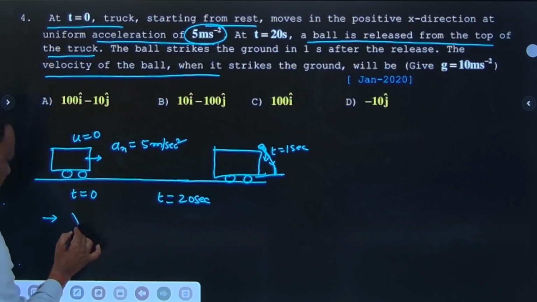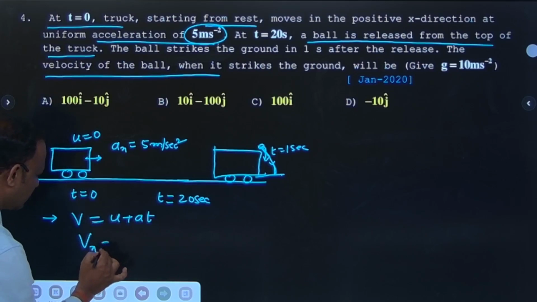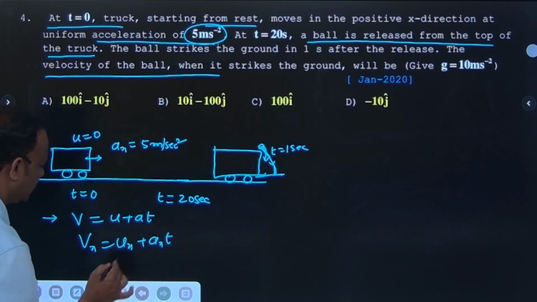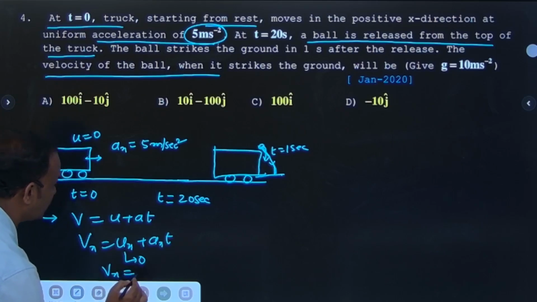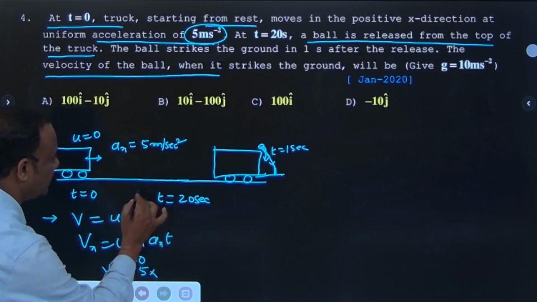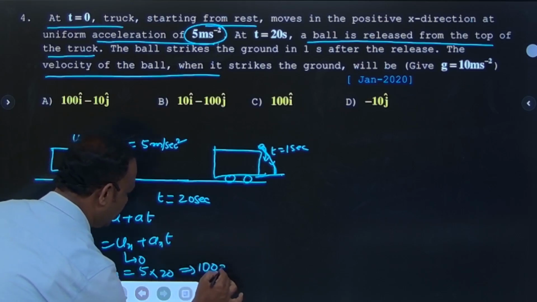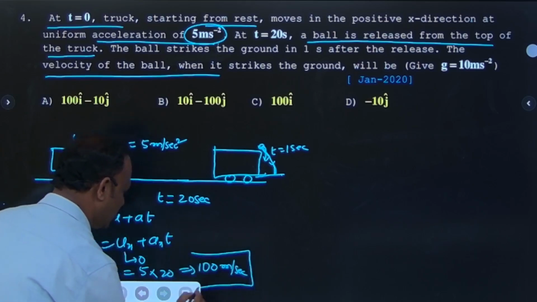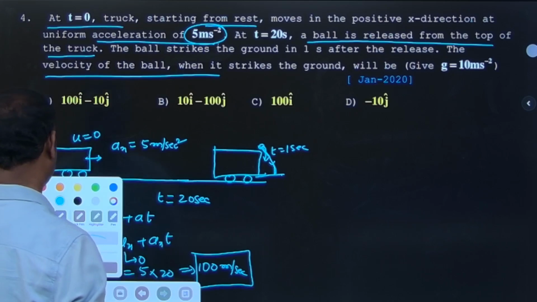Along the x-axis, v equals u plus at, so Vx equals ux plus ax into t. It started from rest, so ux is 0. Vx equals ax, which is 5, into t, which is 20 seconds. So it is 100 meter per second. This is my first relation: the velocity along the x-axis is 100 meter per second.